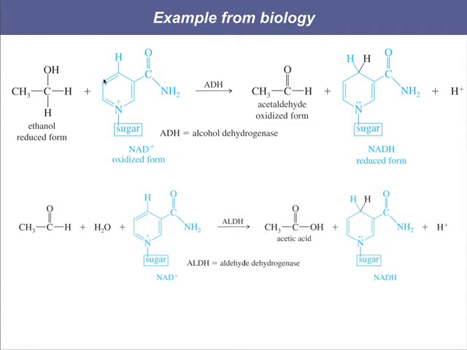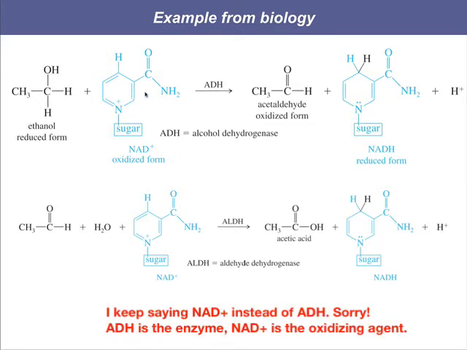So this is a safety latch. If you drink ethanol, NAD plus will convert ethanol into something much less toxic. But NAD plus is not a specific oxidizing agent for ethanol. It will oxidize other alcohols. It doesn't care what the alcohol is. If the alcohol can be oxidized, NAD plus will oxidize it.